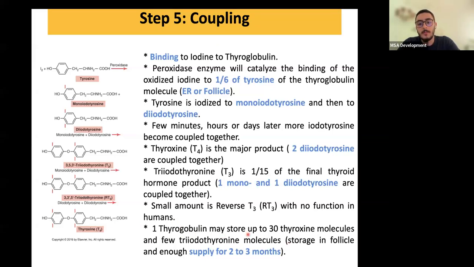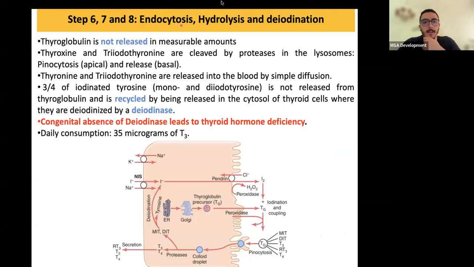And then thyroglobulin may store up to 30 thyroxine molecules and a few triiodothyronine molecules. This is basically the storage in the follicle itself until TSH, or until our body requires some thyroid hormone, and it gets secreted.